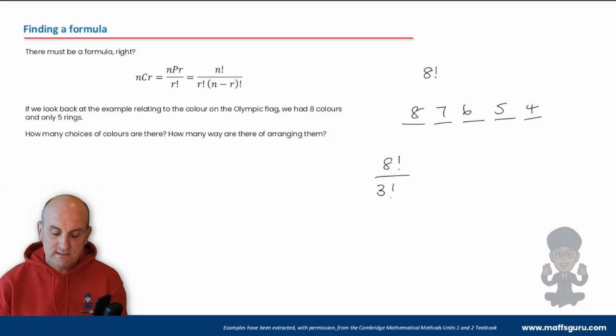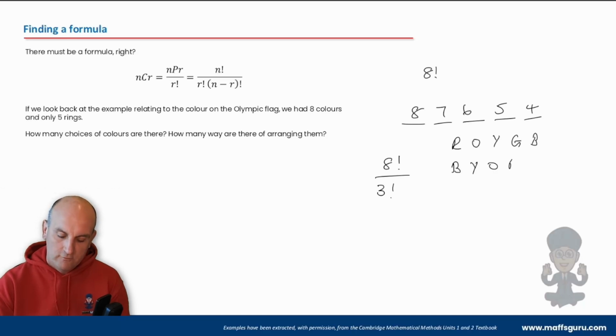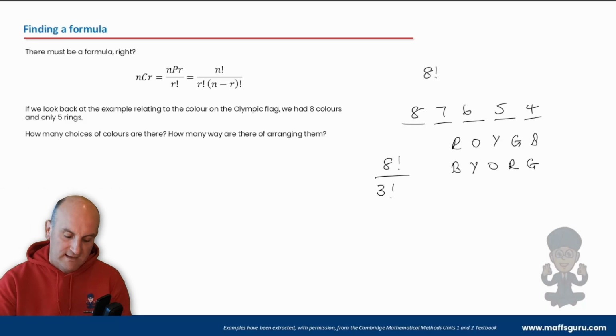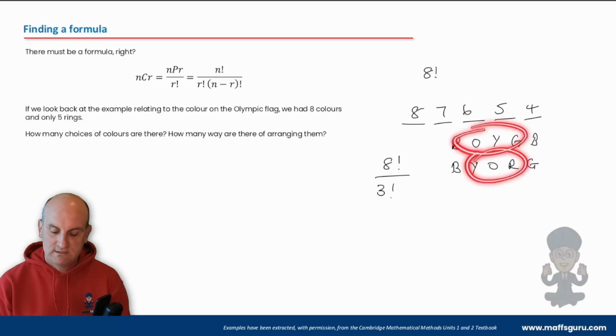The problem there, though, was that red, orange, yellow, green, and brown, and yellow, orange, red, green, and brown would have been 2 different arrangements. Well, we're now not bothered. We've got the 5 colors repeated.